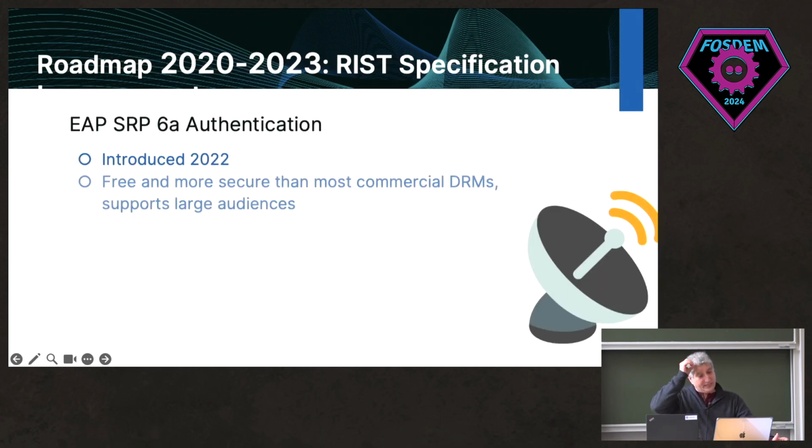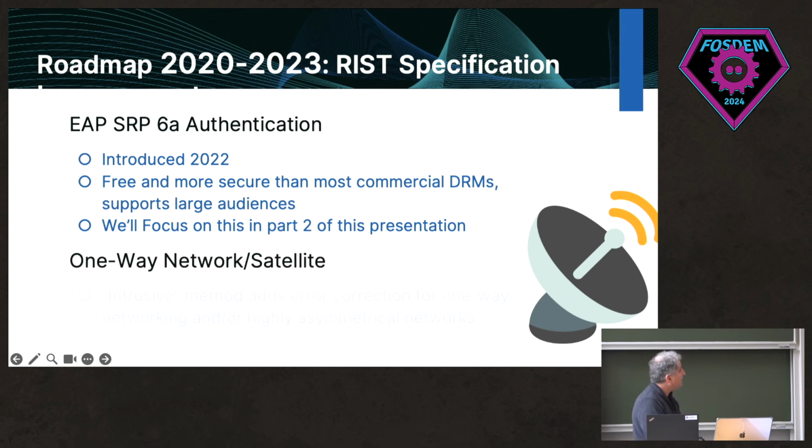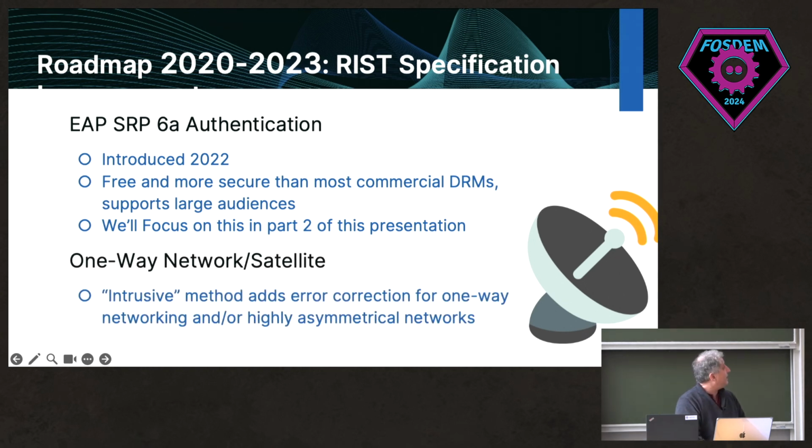So on the feature set, I think that the most important addition recently that allows the application to be used in this broadcast market, like one-to-many, the media server scenario, is the EAP SRP6A authentication protocol. It was introduced in 2022, and what it allows you to do is, instead of the normal model where you have a pre-shared key that you have to share among 2 endpoints, which makes it very insecure, because if that communication of that key for the encryption gets compromised, your entire network is compromised now.